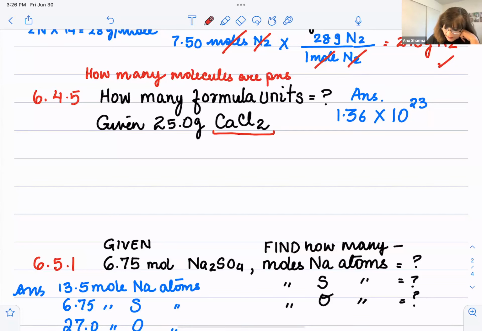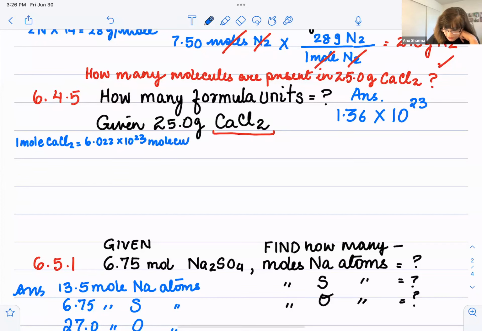Now here, we know that 1 mole of any substance, so 1 mole of calcium chloride, contains 6.022 times 10 to the power 23 molecules of calcium chloride, and that is equal to the molar mass of calcium chloride. So what is the molar mass of calcium chloride?